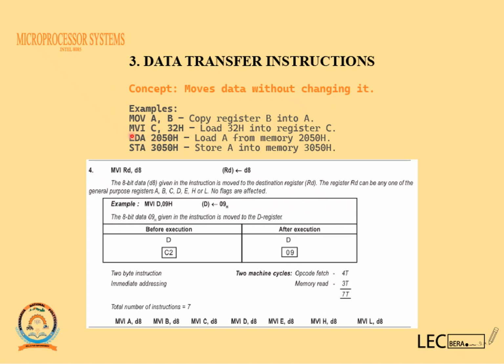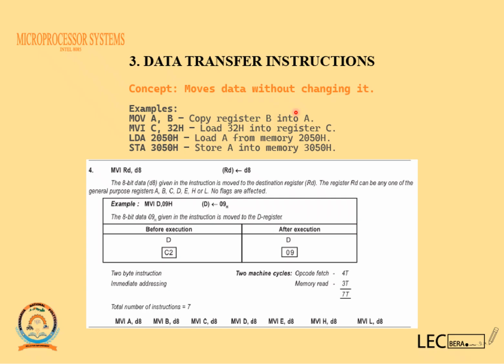I told you LDA is used when we want to load the accumulator with data from a memory location. But if I wanted to load the accumulator with data which is not found anywhere, then this instruction would change from LDA to LDI, and this operand is not going to be the address, it's going to be the data itself. Anyway, don't worry, those are going to be clear as we continue.